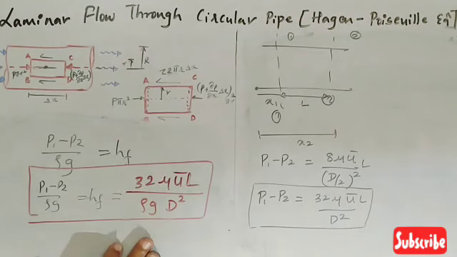If in the examination they ask to derive the Hagen-Poiseuille equation, you need to derive till this much, and this will be for 10 to 12 marks. It is a little bit lengthier derivation, but once you are practiced it is very easy, because all the steps are continuous, and each and every step will carry you to the next step.